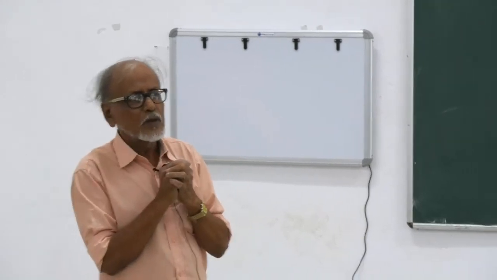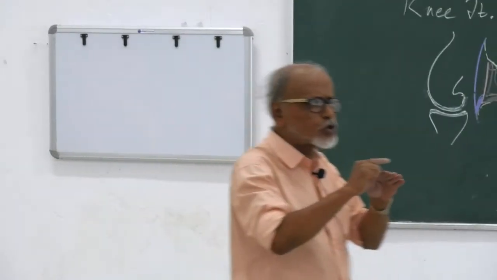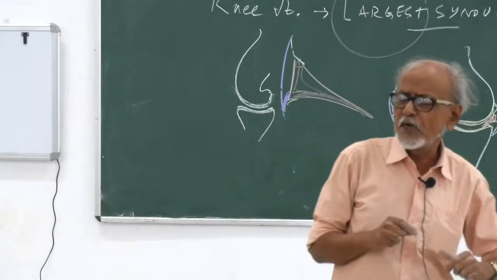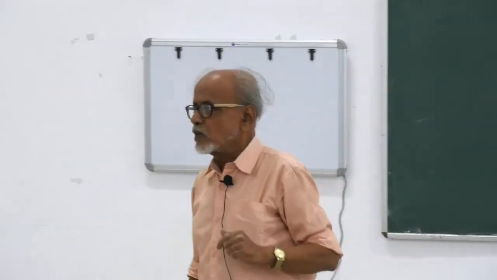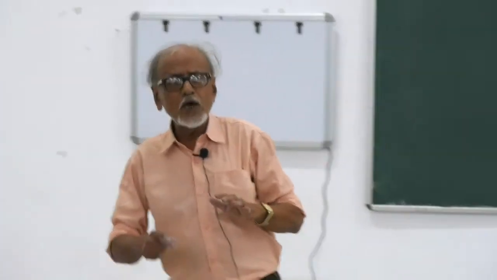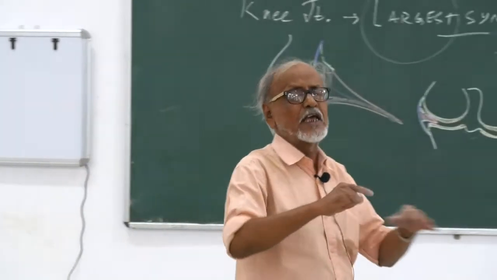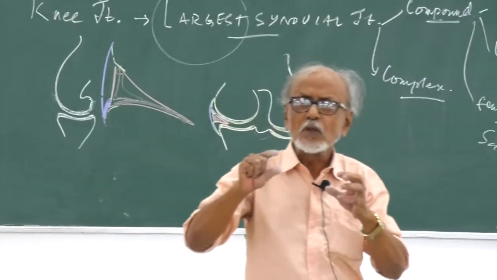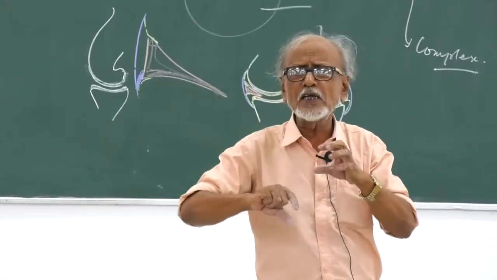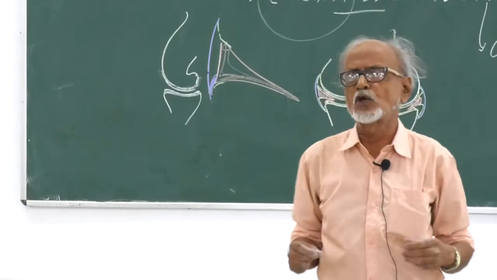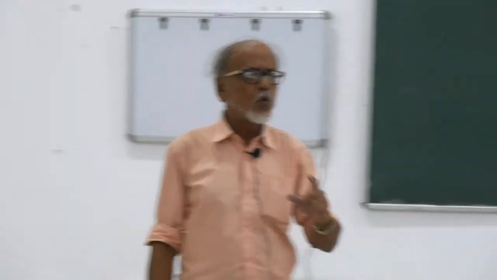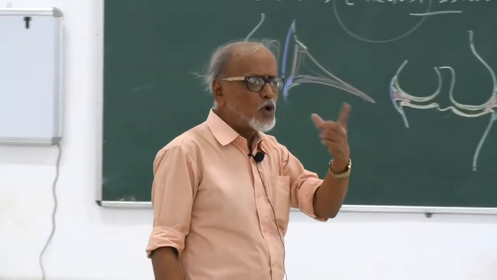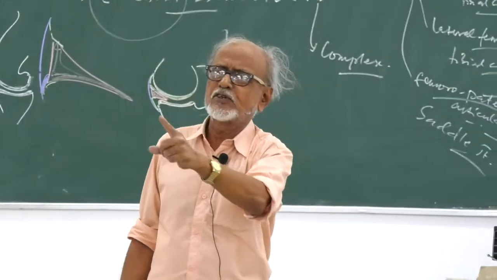Okay? So the lateral one moves more, while the medial one does not have that much flexibility, that much allowance, during the movements of the femoral condyles on the tibial condyles or tibial condyles on the femoral condyles. That is one of the reasons why the medial meniscus is more vulnerable to injury than the lateral.